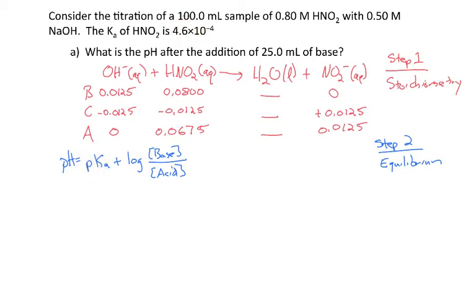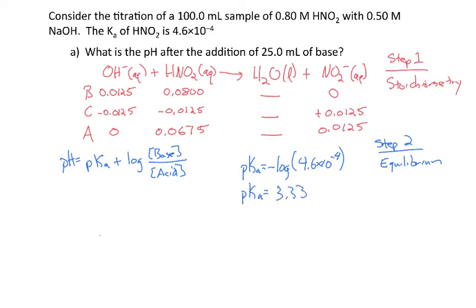I have the Ka. So the pKa is going to be the negative log of the Ka. So I get the pKa to be 3.33.